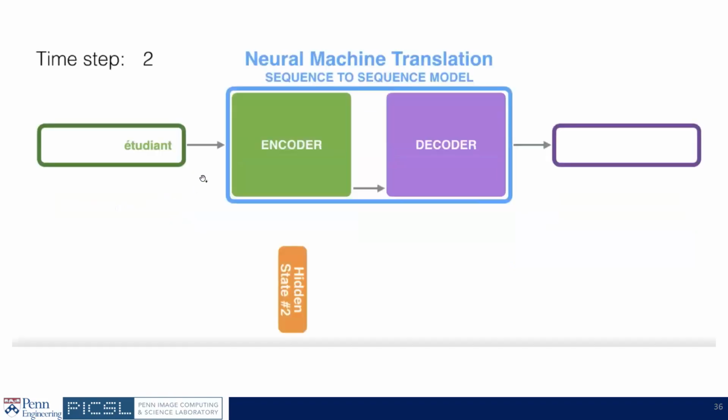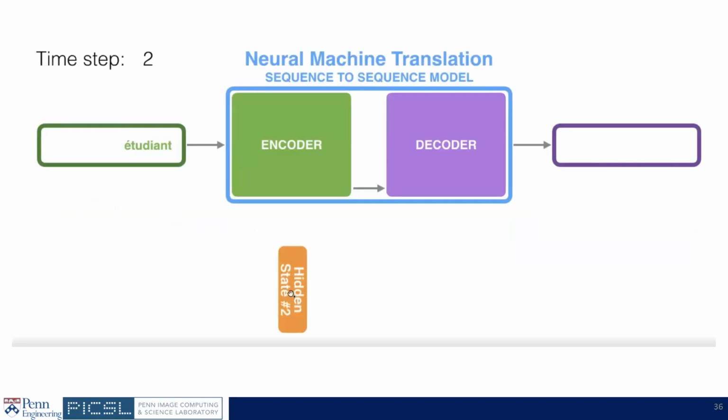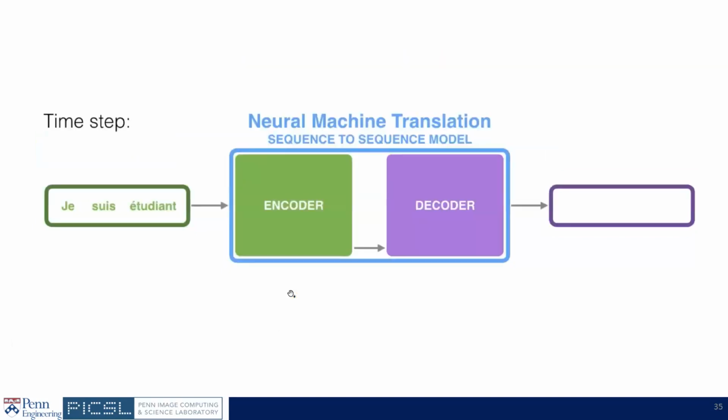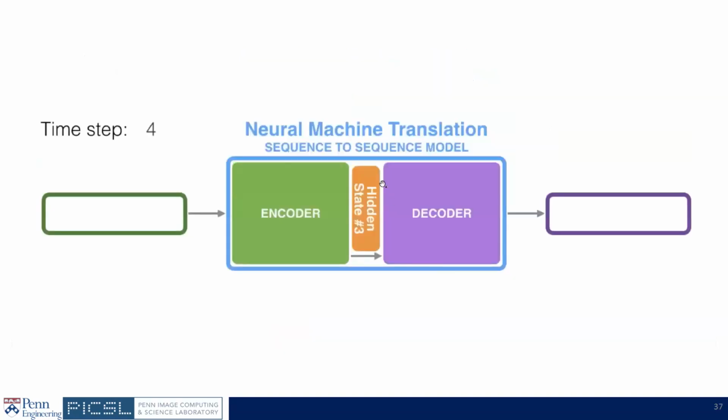So here we have the current word X, student, its vector representation, obviously. And then we have the hidden state coming from the previously processed layers, which encodes the information from these two words, right? So the current word and the hidden state, which encodes the information from the previous two words, both get processed by a single RNN unit, and it gives you the next hidden state.